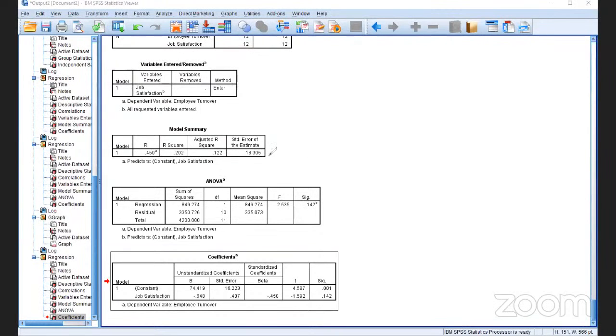So here Y equals what? Y is employee turnover, equal to 74.419 minus 0.648 into X. And what is X? Job satisfaction.